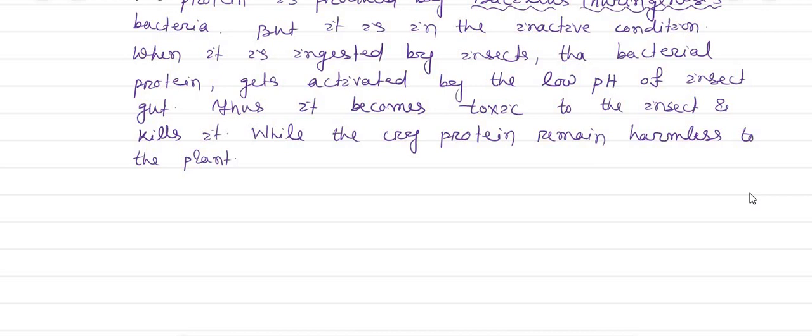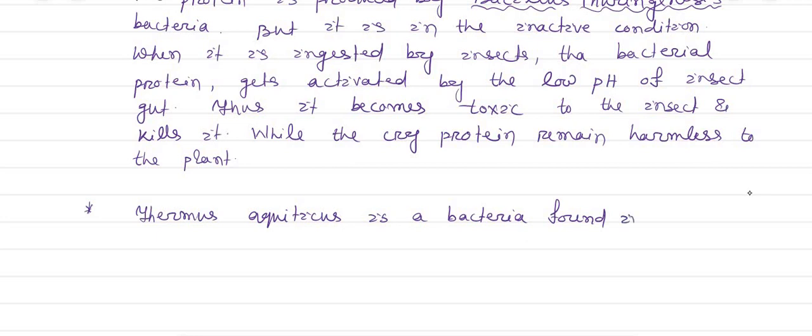Thermus aquaticus is a bacterium found in hot springs.